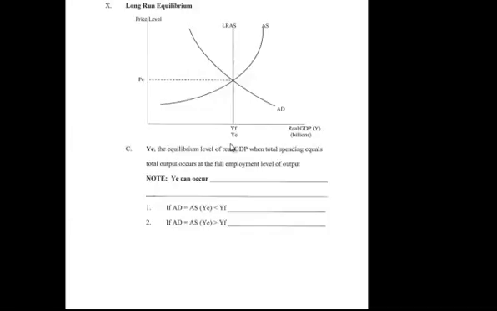And full employment, potential level of output, they mean the same thing. So we're in long-run macro equilibrium when aggregate demand and aggregate supply are equal to the full employment level of output. So this long-run aggregate supply curve, which as I mentioned earlier is a bit confusing, it's like a yardstick or a marker to tell you where the full employment level of output is.